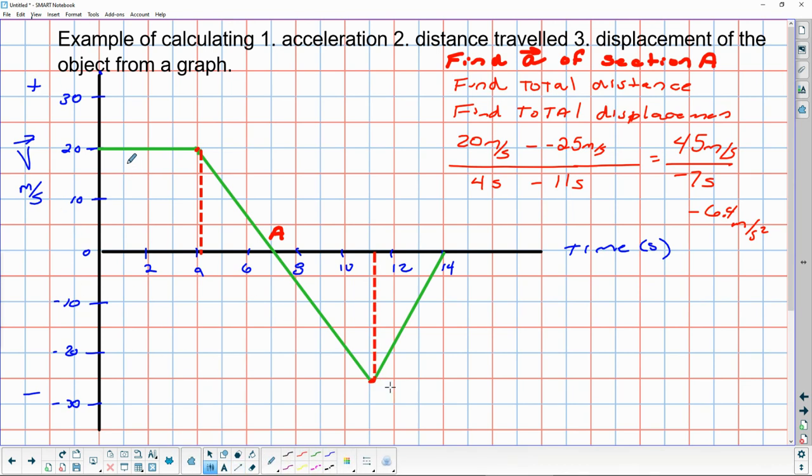Traditionally I just label them right in there. So I call this one 1, this one 2, this one 3 and this one 4. So our first step when calculating displacement or distance is to cut the graph into areas. Find area pieces.